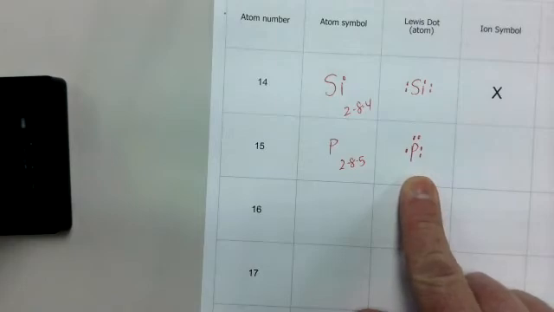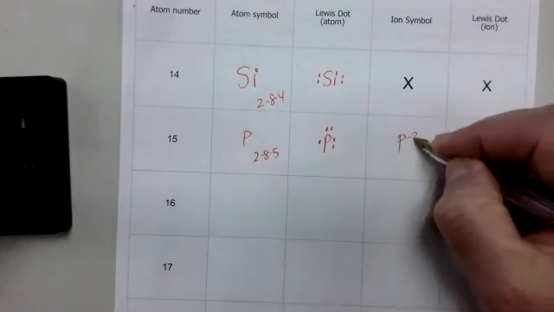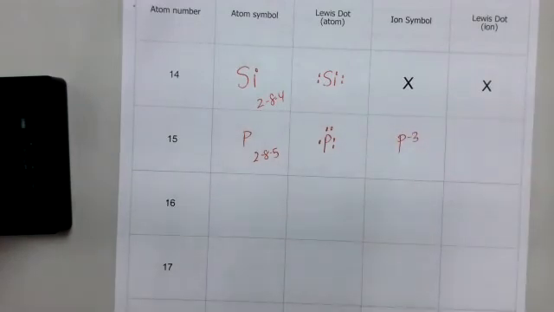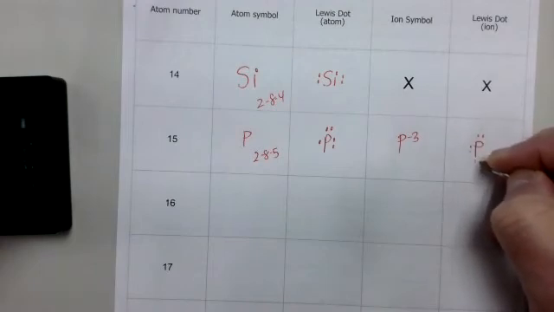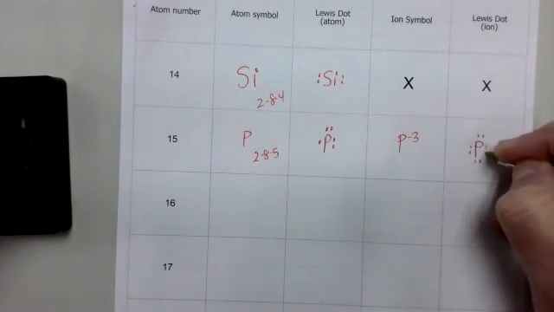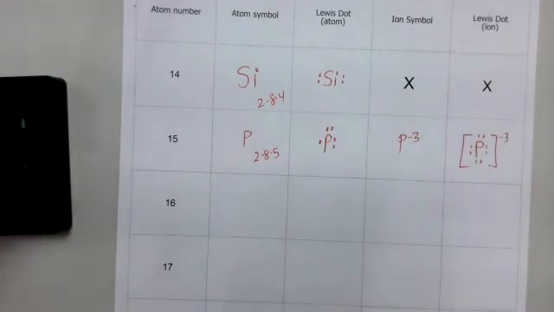Nitrogen was 2,5. This is 2,8,5. Phosphorus is also going to have to fill that up to get 8 outermost electrons. It's going to become a negative 3 ion, just like nitrogen. And we would show that just like nitrogen, but this is a phosphide ion. We would have phosphorus with 8 dots and a negative 3 charge.